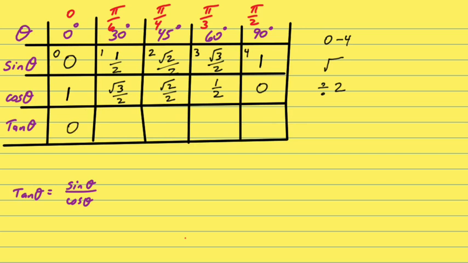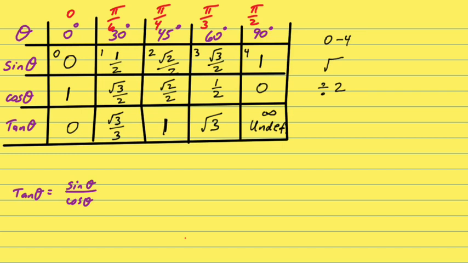What's anything divided by itself? 1. If you divide by 1/2, that means times 2. So that would give you a radical 3. 1 over 0 is undefined. Eventually it might become infinite. And if you do your division here, you'll get radical 3 over 3.